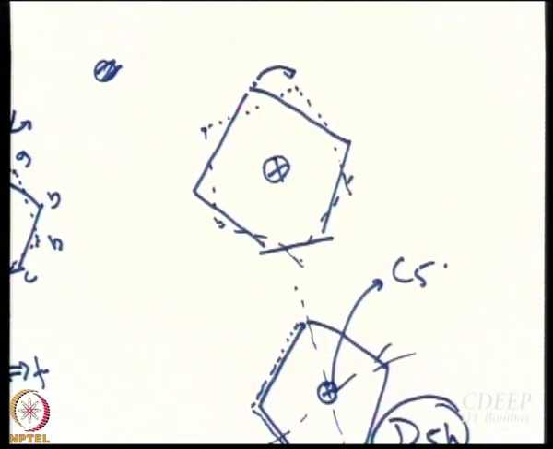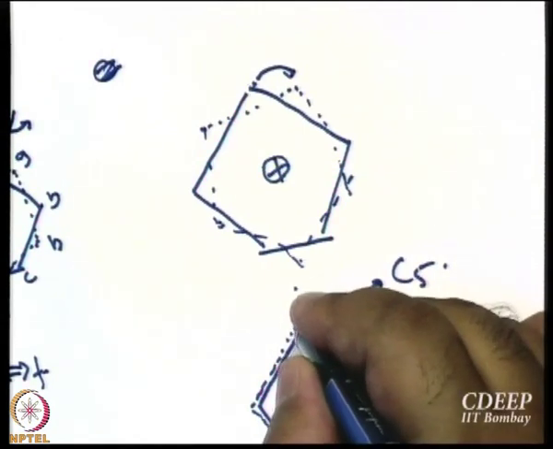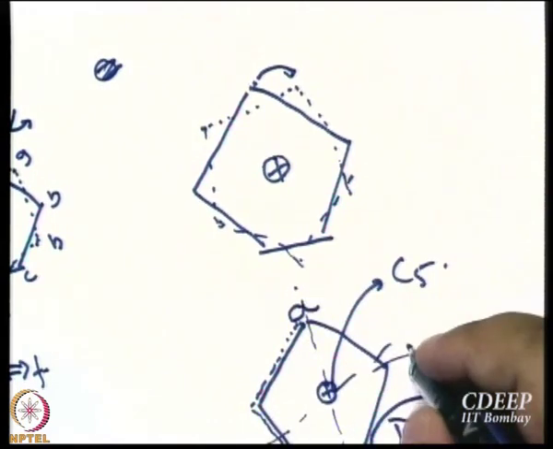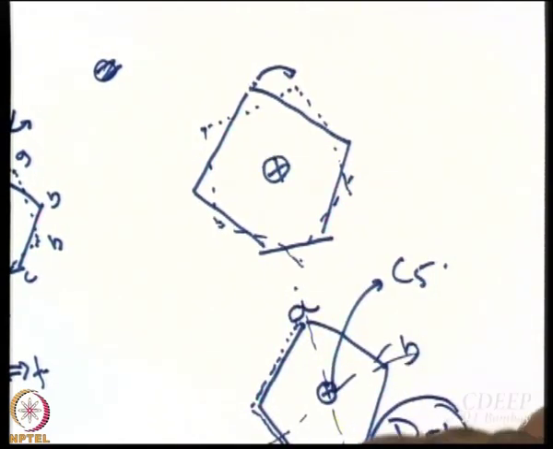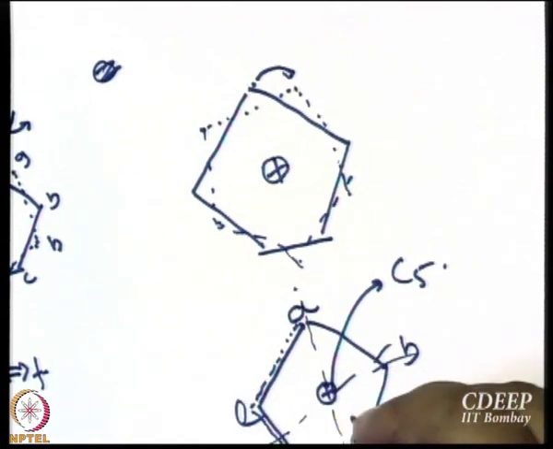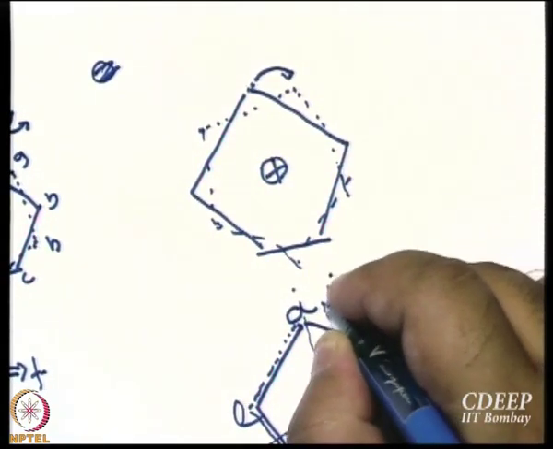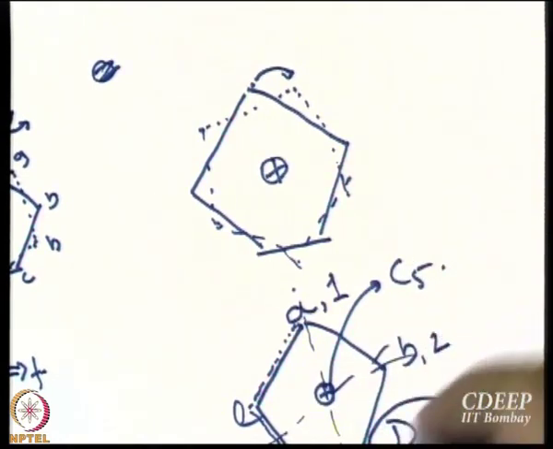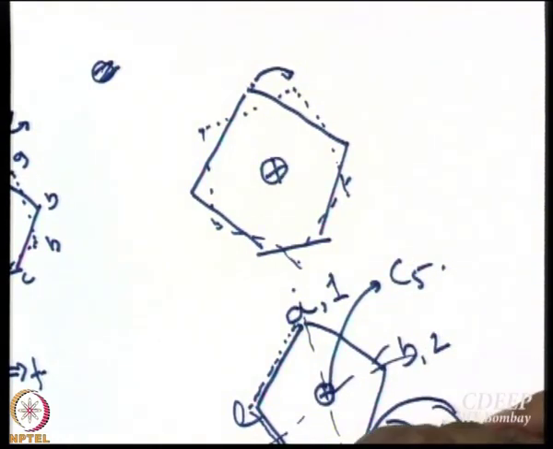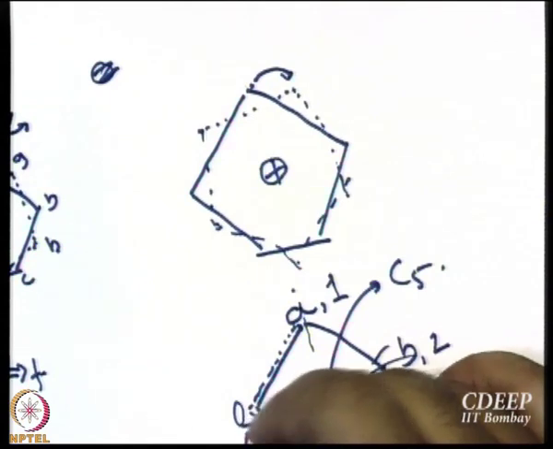What about C2? Now let us ask the question. Is C2 there or is C2 not there? Now let us think like this. Earlier in ruthenocene, A, B, C, D, E, and at the bottom, I will call them 1, 2, 3, 4, 5.